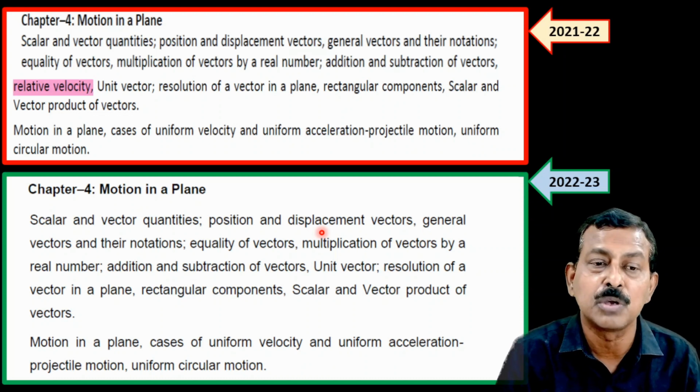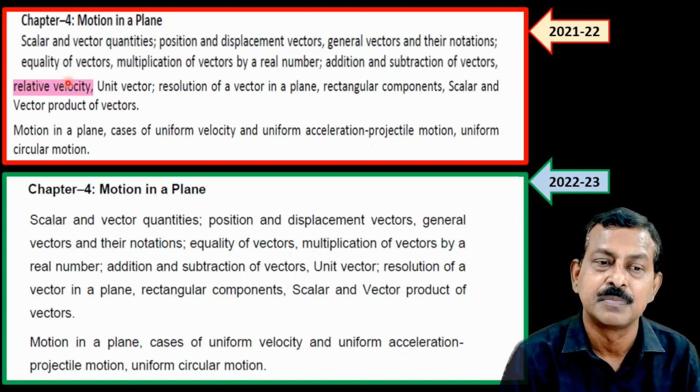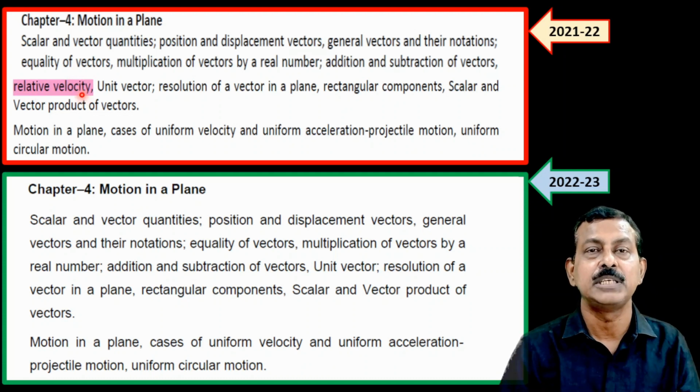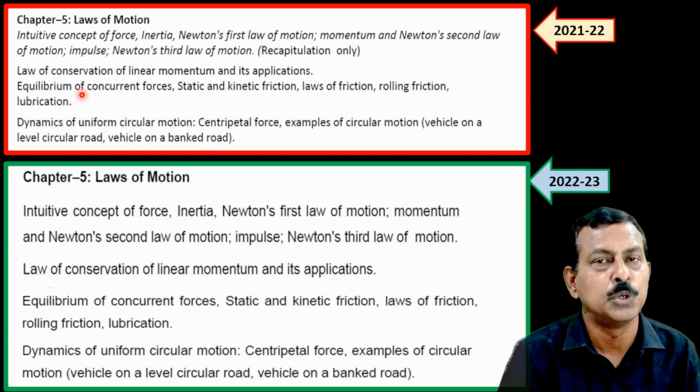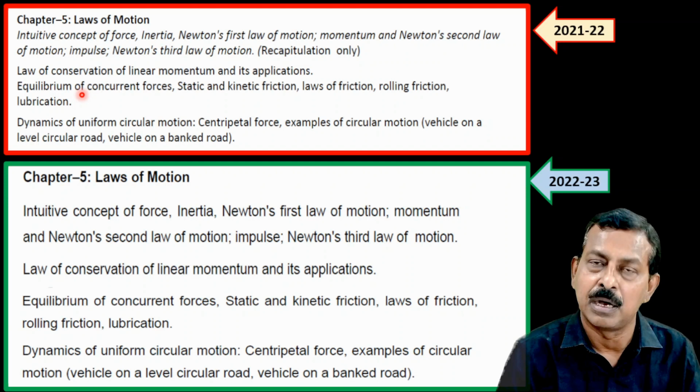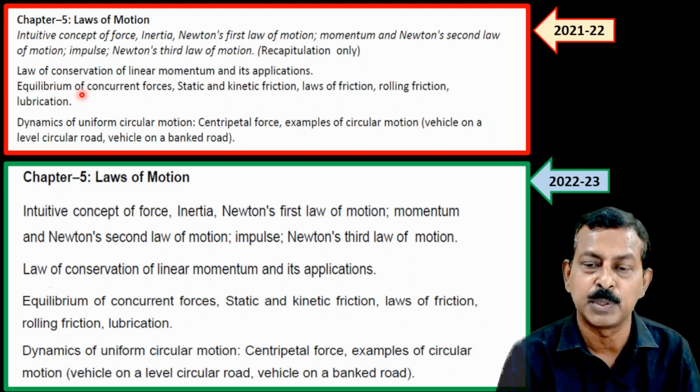If you take laws of motion, here relative velocity, this topic is deleted. So relative velocity is now not there in the syllabus. In laws of motion, no change is there if you compare the two sessions, 21-22 and 22-23.